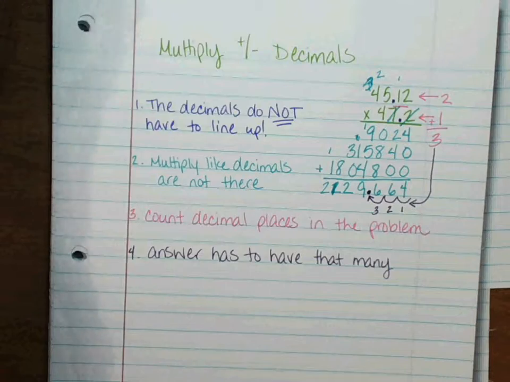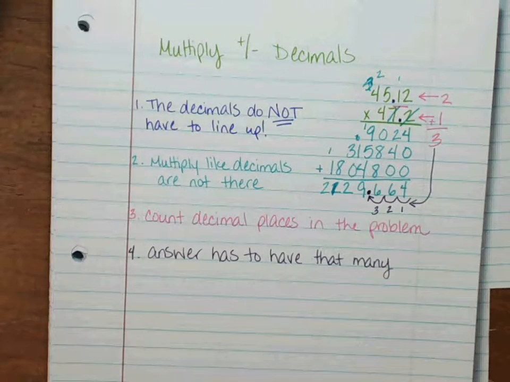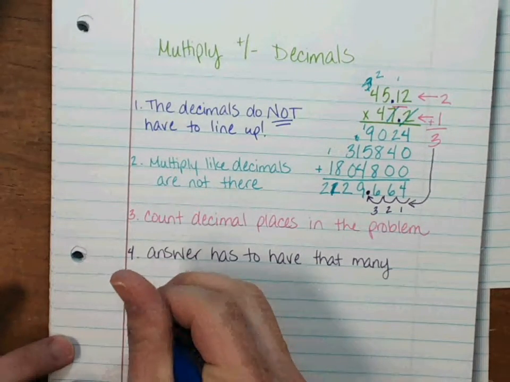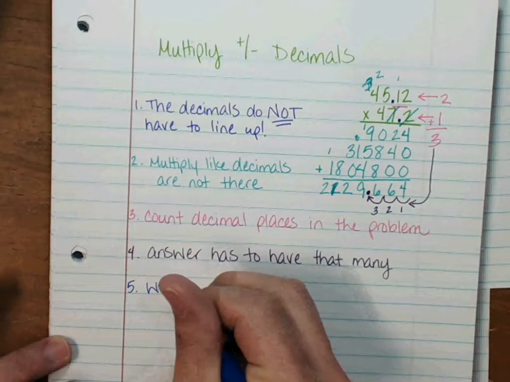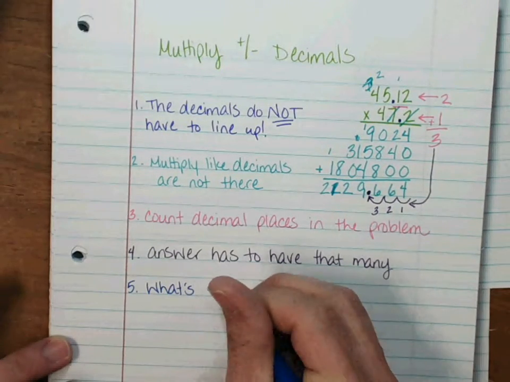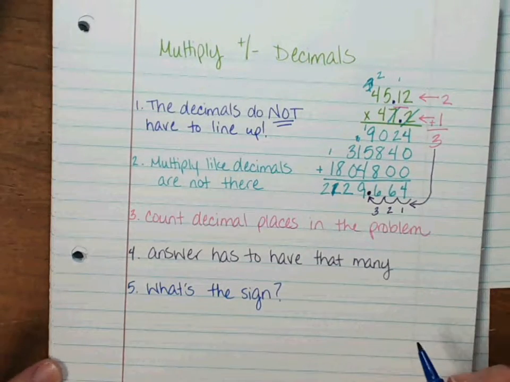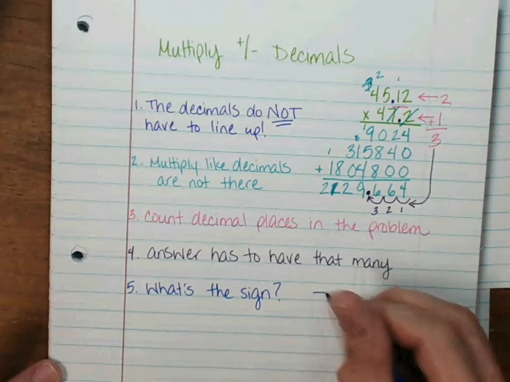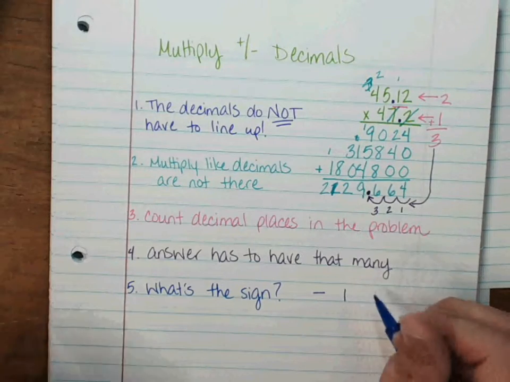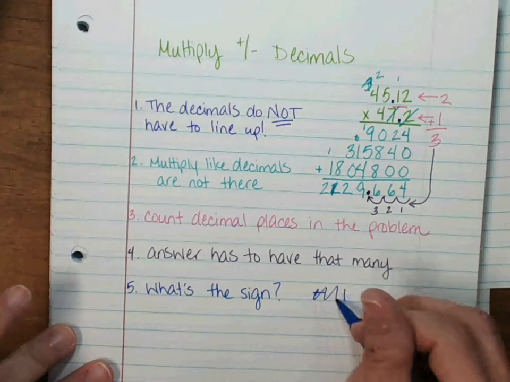And the last thing is, is it a positive or a negative? What's the sign? And we have that whole multiplying, so a negative times a positive, or what do y'all do? That little crisscross thing?